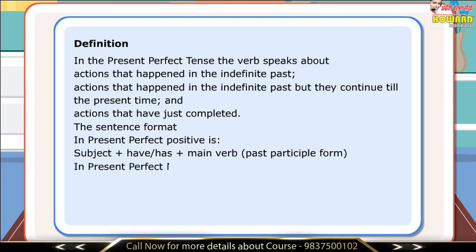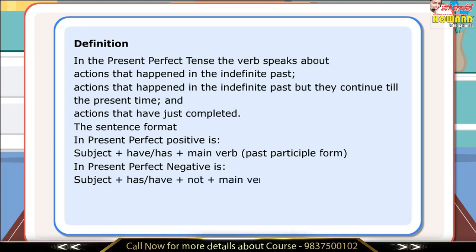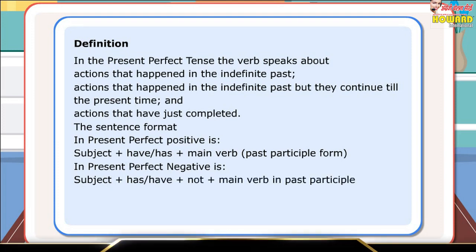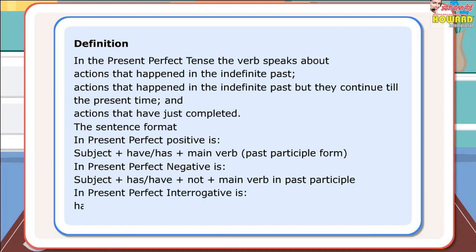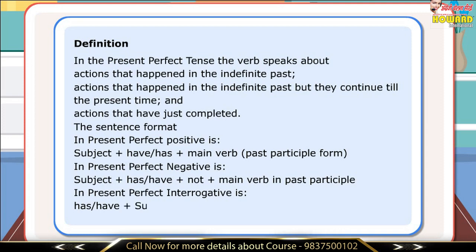The present perfect negative is subject plus has or have plus not plus main verb in past participle. The present perfect interrogative is has or have plus subject plus main verb in the past participle.